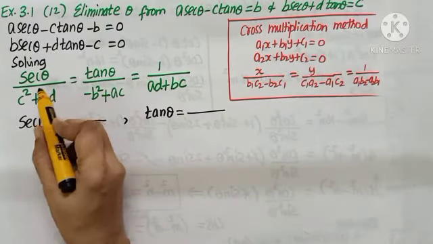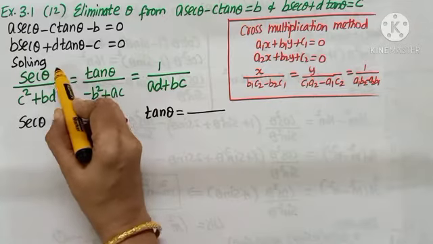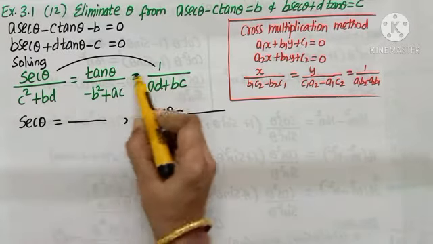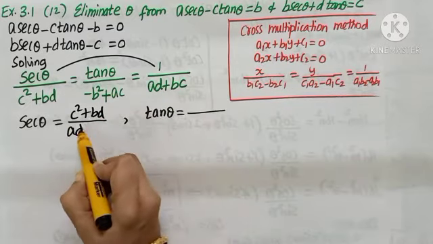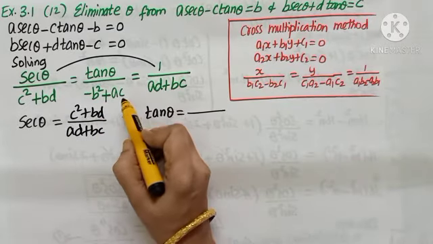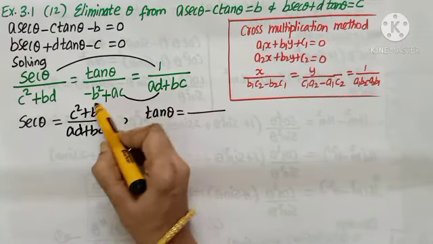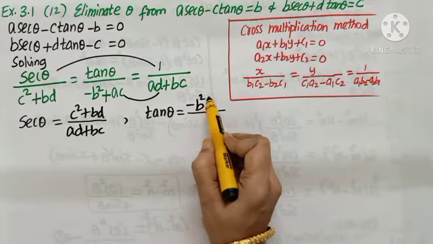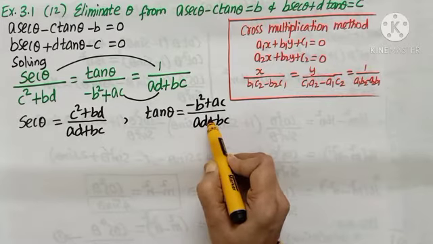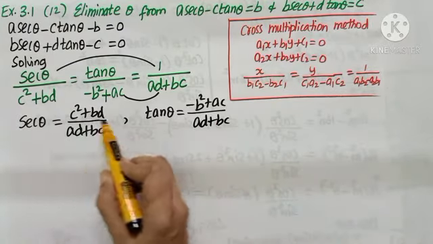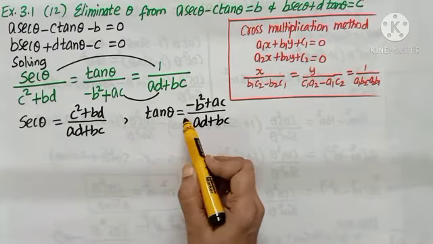The next step. Secant theta equals, cross multiply, we combine these two: C square plus BD by AD plus BC. Same way, tan theta equal to, cross multiply, minus b square plus ac by ad plus bc. You can try any method to find secant and tan.